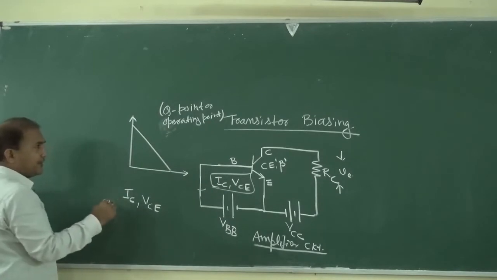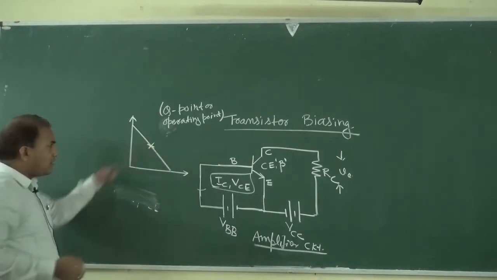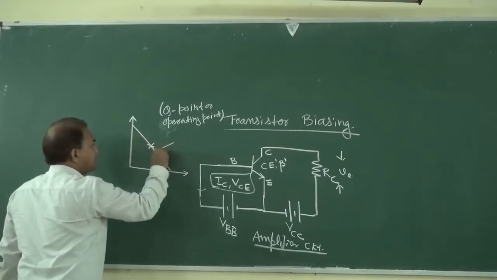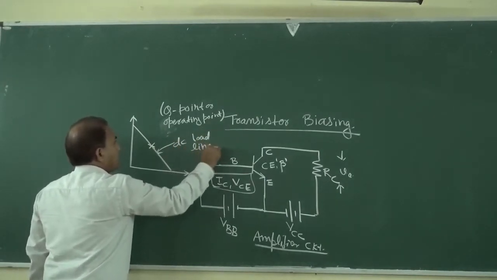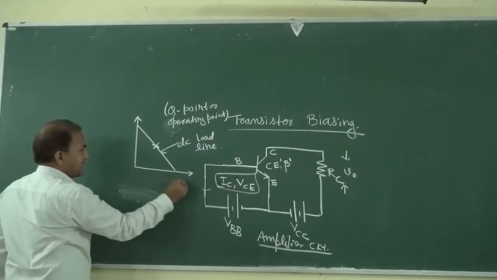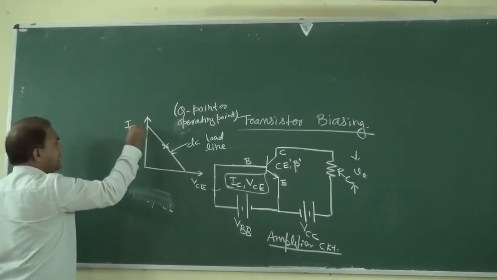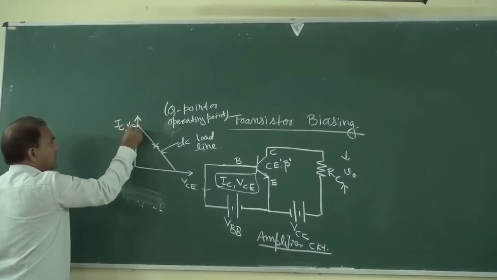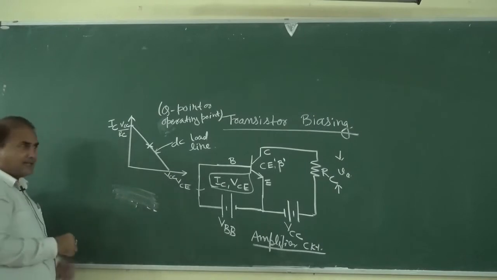Generally, the operating point should lie in the middle of the active region on this DC load line. The output characteristics are like this. Suppose this is VCE versus IC, and the saturation current IC is equal to VCC by RC, and this point is VCC.